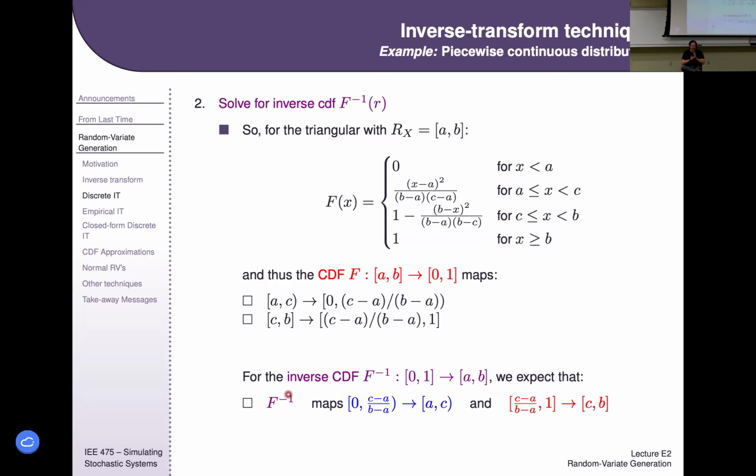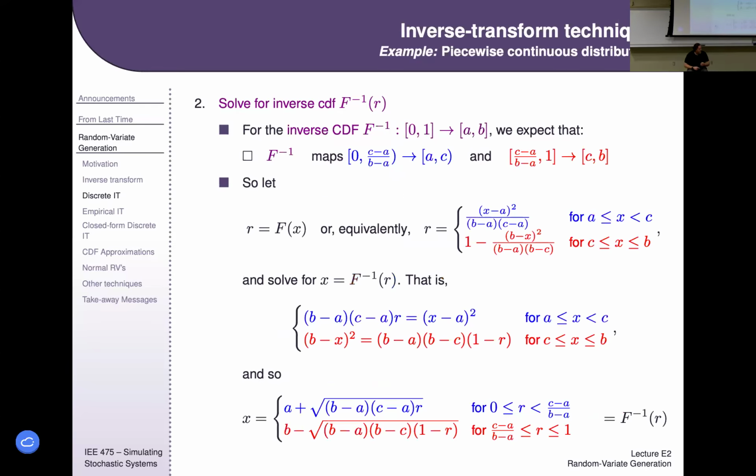So now I see that my desired inverse CDF is going to do the reverse mapping. It's going to map from this range to this X range, and this range to this X range here. So that's what I'm saying down here. So I need to choose my inverses so that those ranges work.